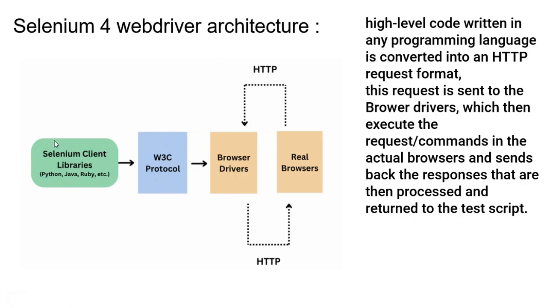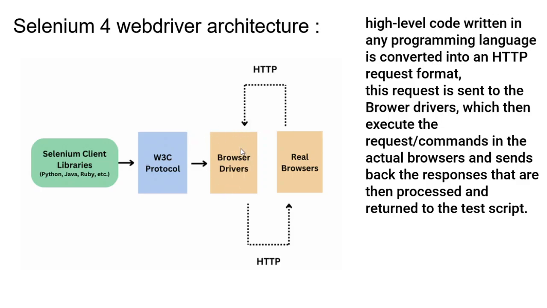Selenium client libraries, or we can say language bindings. These are client libraries provided by Selenium for several programming languages like Java, Python, etc. And there is a browser driver.